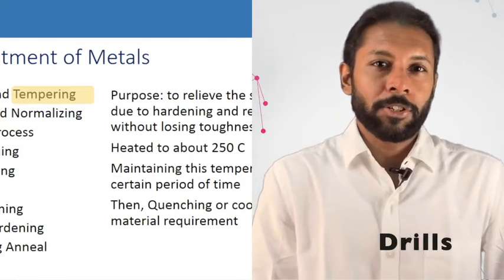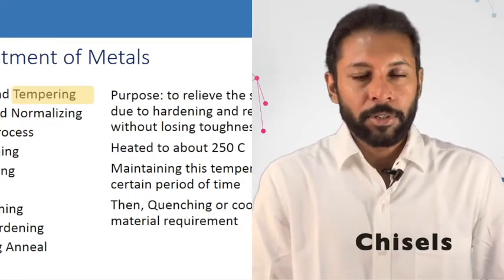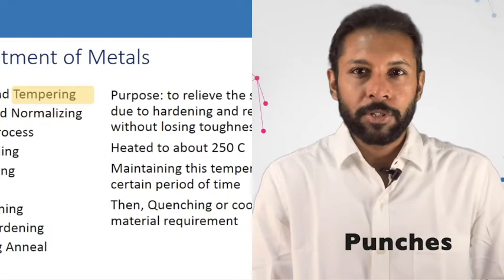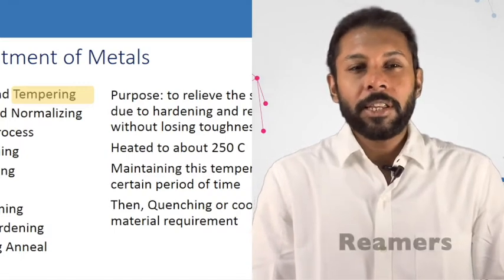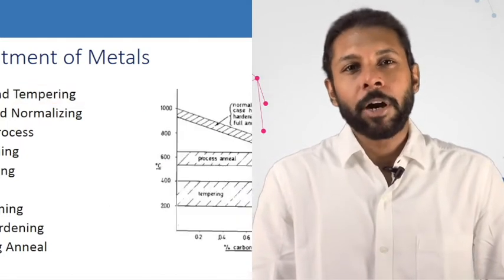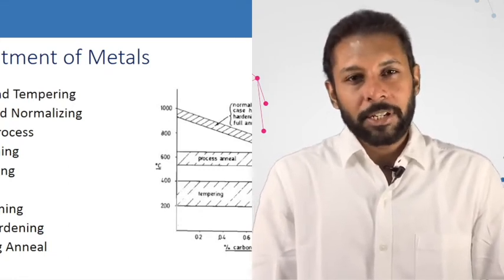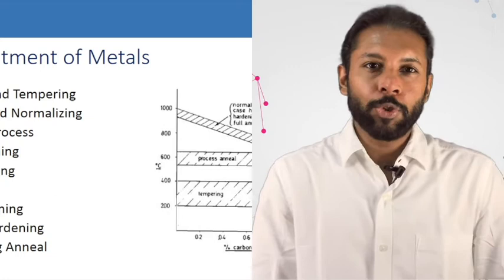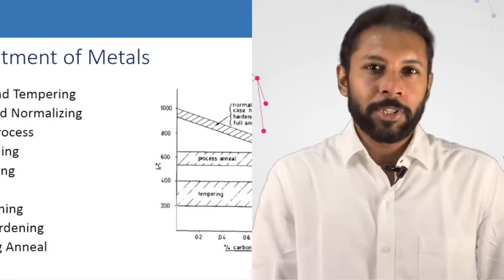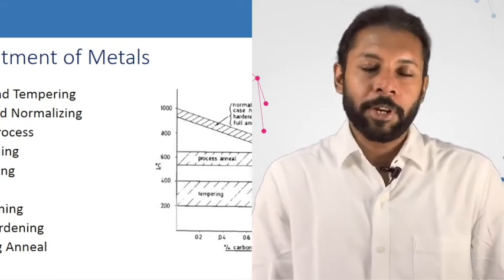Components such as drills, chisels, punches, saws, and reamers are invariably subjected to the above process. Straight carbon steels whose carbon content is below 0.2% are not usually subjected to hardening and tempering processes.